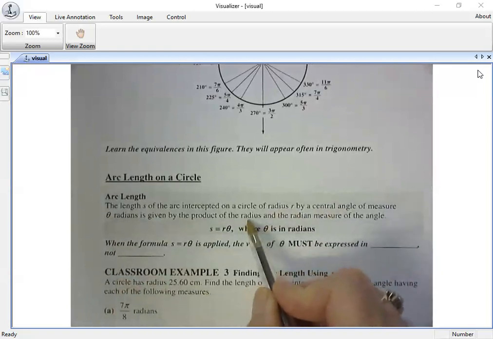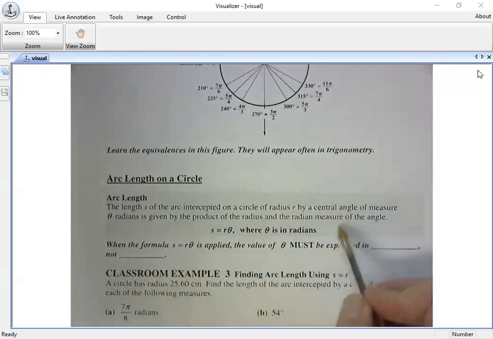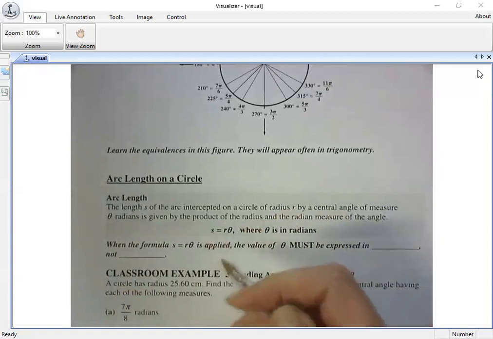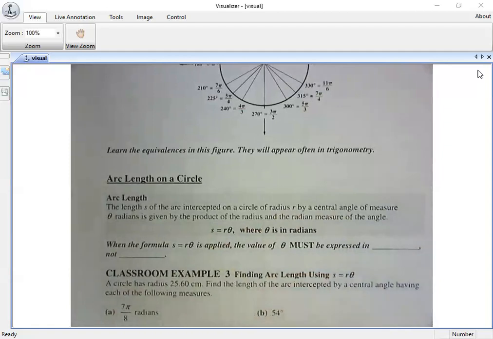And if you were to multiply the radius and the radian measure of the angle, that would give you S. Now, that's a heck of a lot of words to say something that's really pretty basic. Here's the idea. If I know what my angle measure is, and I multiply it times the radius length, that's going to tell me how long my arc is.